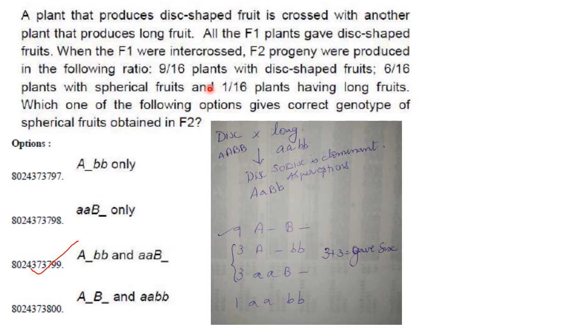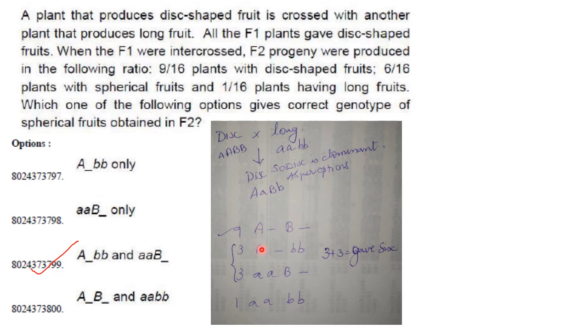So this is a variation of the 9:3:3:1 ratio. So that means 2 genes are involved. So capital A capital B will be disc shaped, and small a small b will be long shaped. Now if it was in the 9:3:3:1 ratio, then these are the genotypes that you will be getting. But here it is 9:6:1 ratio.